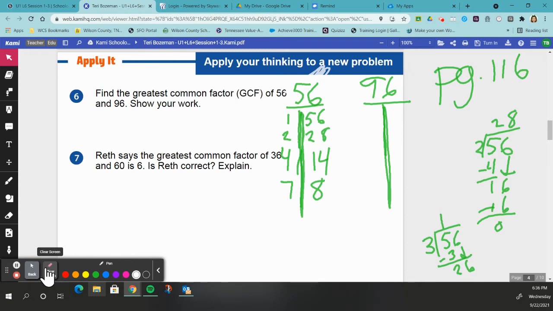So if I look at number 7, it says, Reth says the greatest common factor of 36 and 60 is 6. Is Reth correct? Explain. So if we have the number 36 and we're doing factors, factors are what we multiply together to get to that number, right? We have 1 and 36. We have 2.